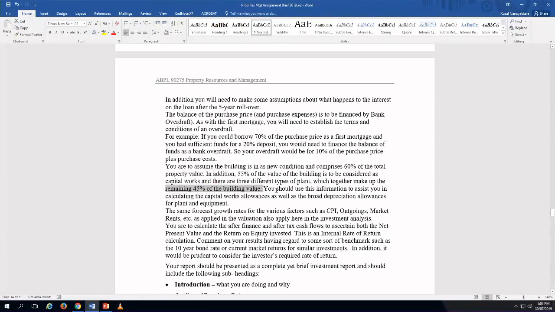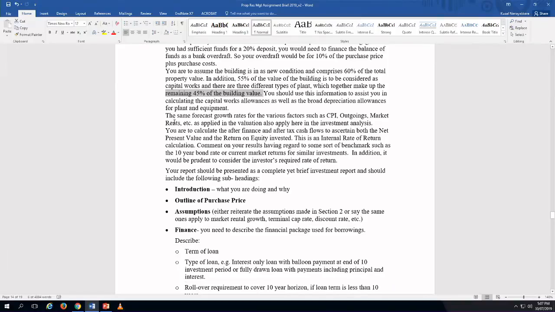You should use this information to assist you in calculating the capital work allowances as well as the depreciation allowances for plant and equipment. The same forecast growth rate for the various factors such as CPI, outgoings, market rent, etc. as applied in the valuation also applies here in the investment analysis. Right.